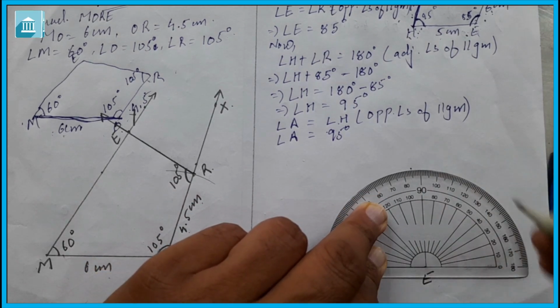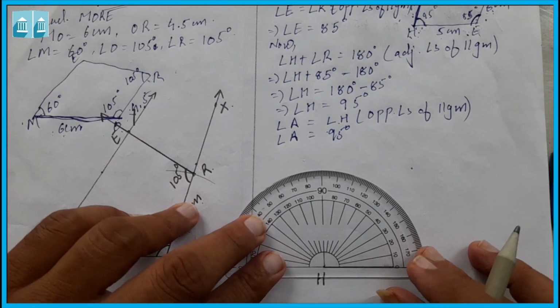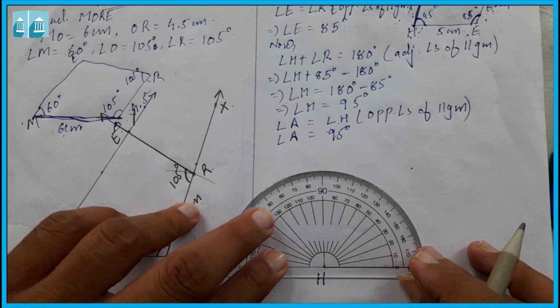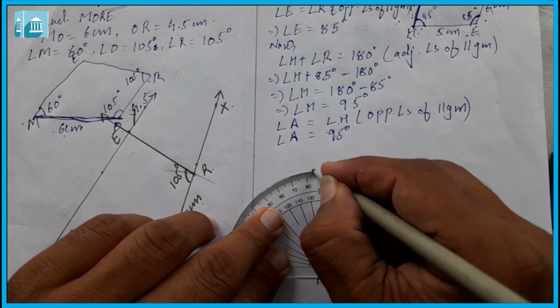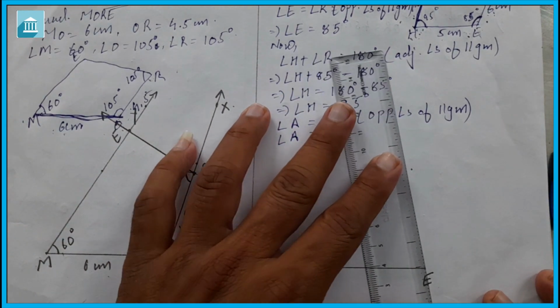85 degree means somewhere here, and here it is 95 degree. So 95 degree means 90 plus 5 means somewhere here. So let us draw this first.